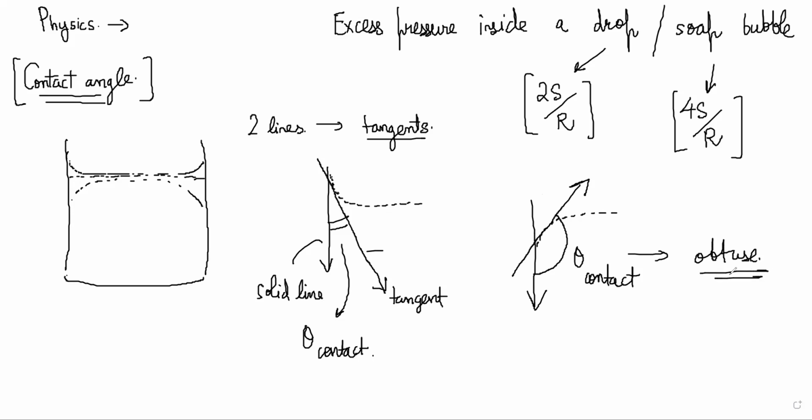Now you can think of different types of liquids, and they will have different behavior with respect to a glass surface. For example, water behaves more like this, and mercury will behave more like this. How can I be sure that mercury will behave like this?